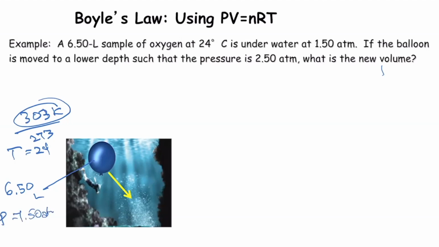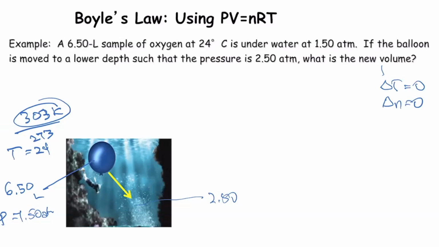If the balloon is moved to a lower depth so that the pressure here is 2.50, what is the new volume? If the temperature is not mentioned, or the variable is not mentioned at all, assume that the change in temperature is zero. The change in moles is zero because it's never mentioned.